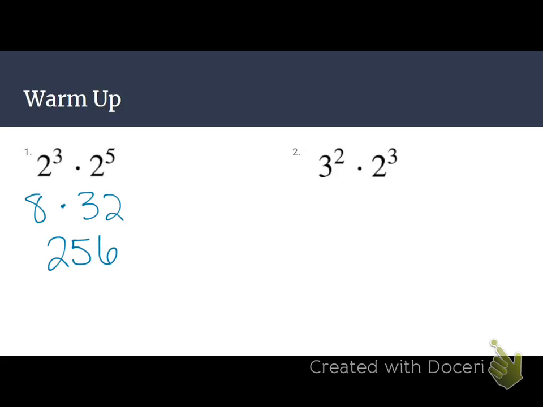All right, on number 2, the first power we have is 3 squared. What is that? 3 times 3 is 9. And then we have 2 cubed, which again equals 8. So when we multiply them together, we get 72.